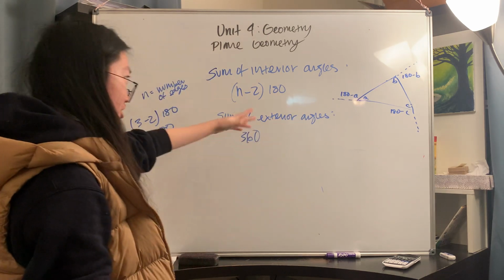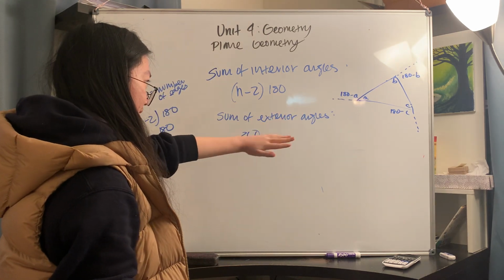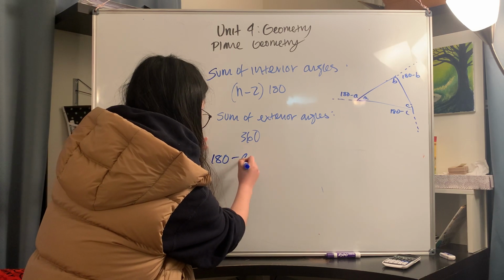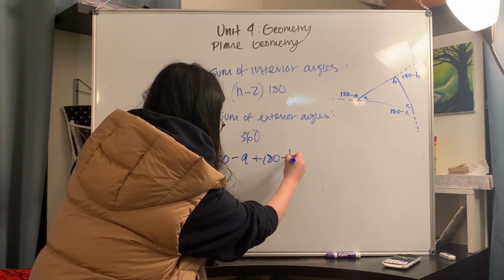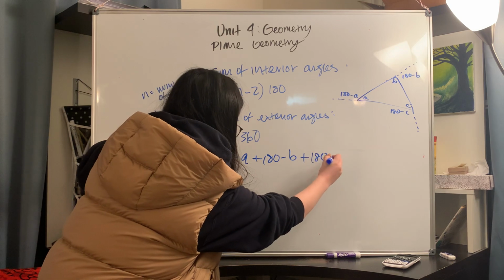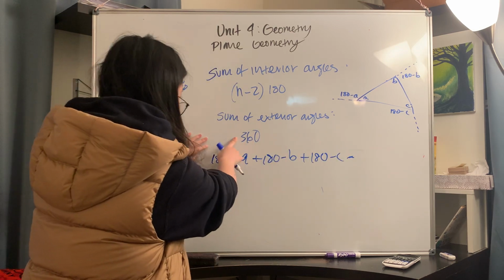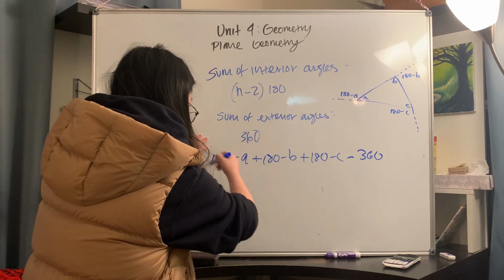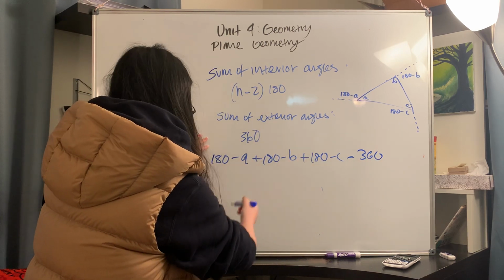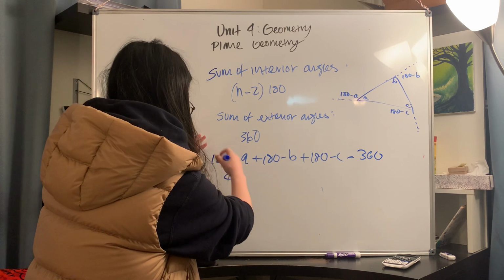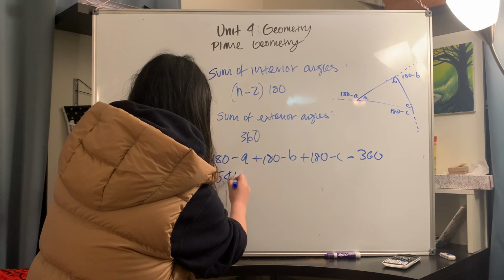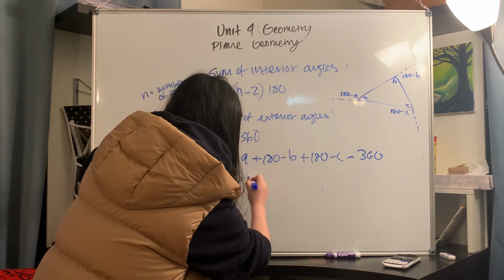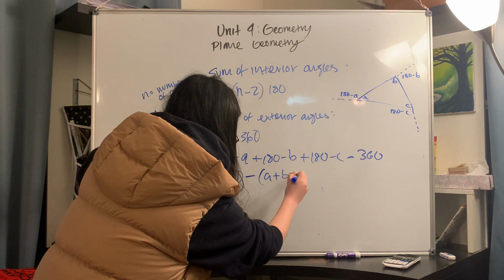And so we're going to show that when we take the sum of all of these exterior angles, so we have 180 minus A plus 180 minus B plus 180 minus C, that is equal to 360 degrees. Well, 180 plus 180 plus 180 is equal to 3 times 180, so that's 540, minus A minus B minus C, which is equal to minus (A plus B plus C).